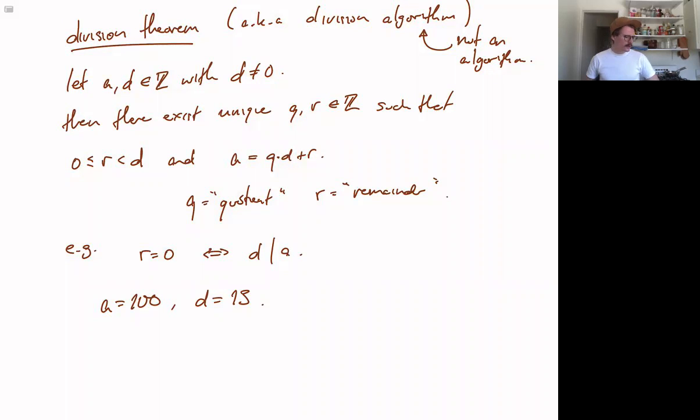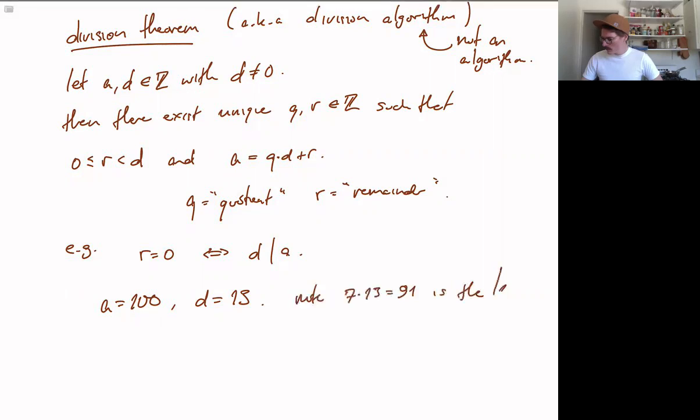So what is that? Well, maybe we happen to know that 7 times 13 is 91. And if you believe that multiplication, you can see that this is the largest multiple of 13 less than 100.